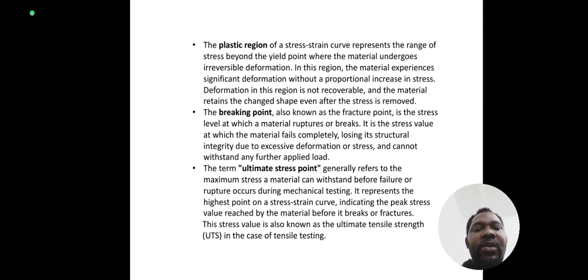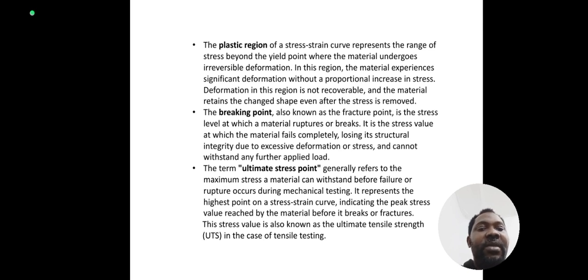Now, the third one, the term ultimate stress point generally refers to the maximum stress a material can withstand before failure or rupture. Of course, every material has a maximum stress it can withstand before it breaks.